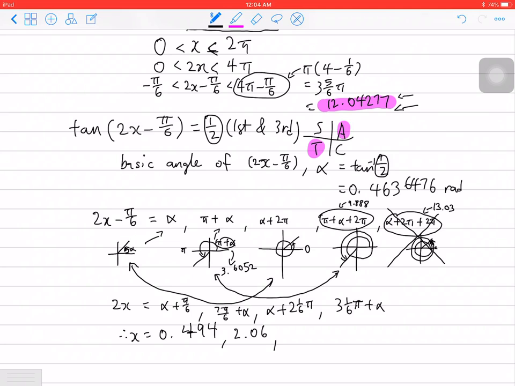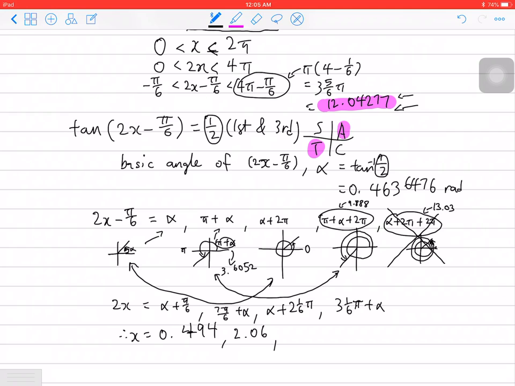The third one will be alpha plus 2 whole 1 over 6 pi. So 2 whole 1 over 6 pi plus alpha, which is 0.4636476.